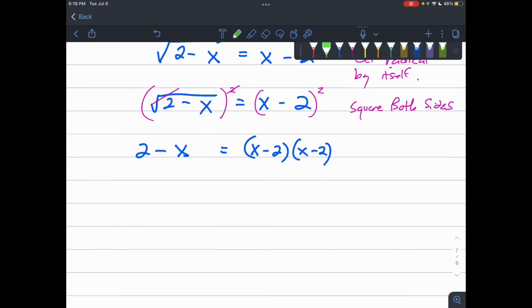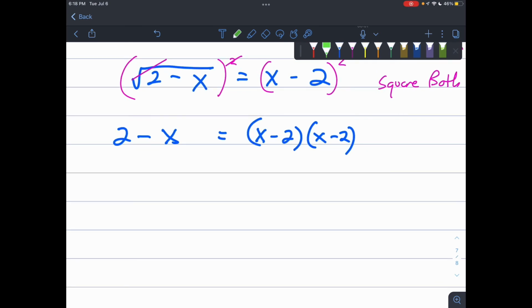And anytime you've got, this is what's called a binomial, 2 terms times another binomial, you're going to go ahead and FOIL. So that means first times first, the outers, multiplying all these, by the way, and then -2 times x, also -2 times -2.